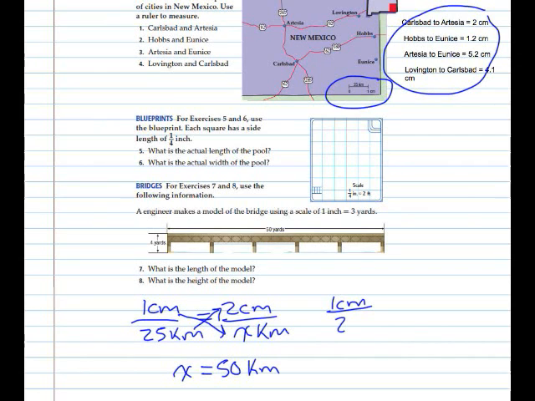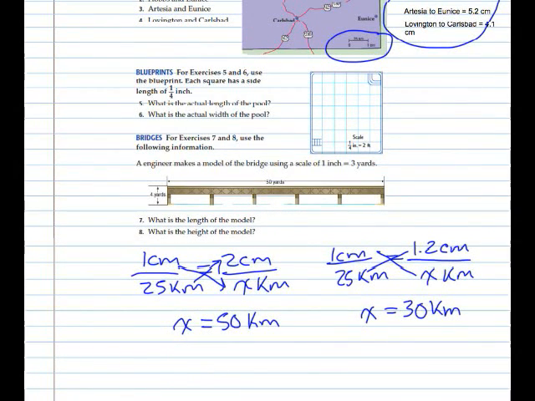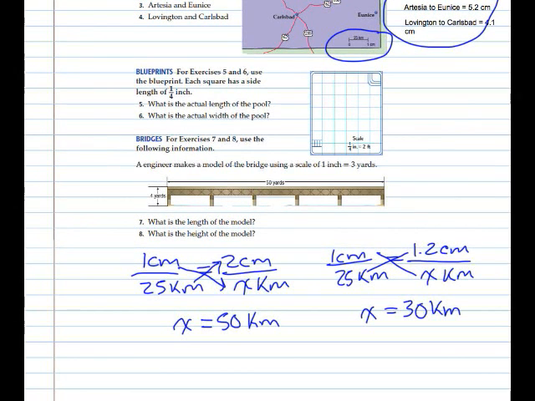In our second example, Hobbs to Eunice, it's again 1 centimeter to 25 kilometers. In this case, it's 1.2 centimeters to x kilometers. Cross products, we get x here. 25 times 1.2 gives us 30. So from Hobbs to Eunice, it's 30 kilometers.